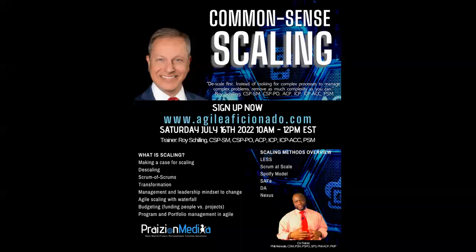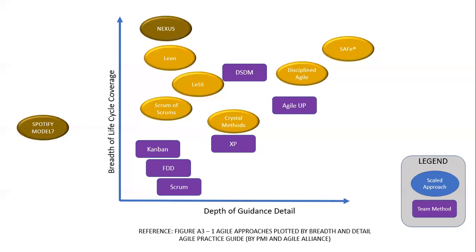In this conference, we're going to be talking about descaling, Scrum of Scrums, and all those other frameworks I showed you. We'll be talking about Disciplined Agile, SAFe, the Nexus approach from Ken Schwaber, and many more. And by the time we're done, you will understand what exactly scaling is and whether your company has a unique scaling situation and what to do about it.